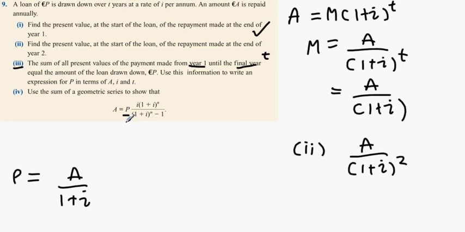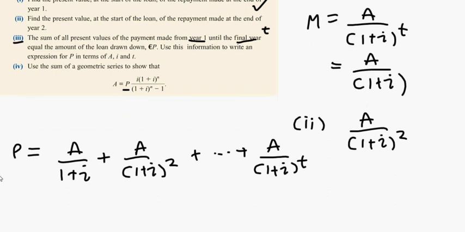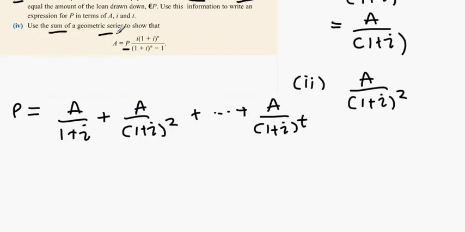So P equals A over 1 plus I, plus A over 1 plus I squared for year 2, plus dot dot dot, plus A over 1 plus I to the power T. Now, use the sum of a geometric series to show this.